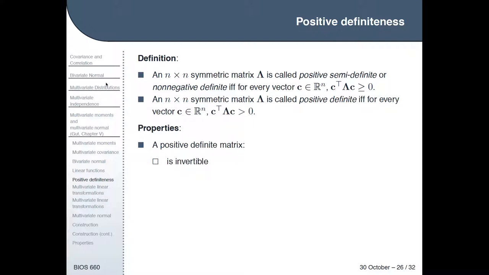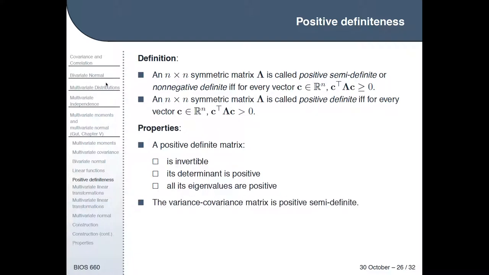The reason we care is that a positive definite matrix is invertible, has a positive determinant, and all of its eigenvalues are positive. The covariance matrix is always positive semi-definite, and in general it's positive definite as long as none of the variables are perfectly correlated with one another. The only way to get positive semi-definite is if one of the variables is a linear combination of the others, so that it has less than full rank.